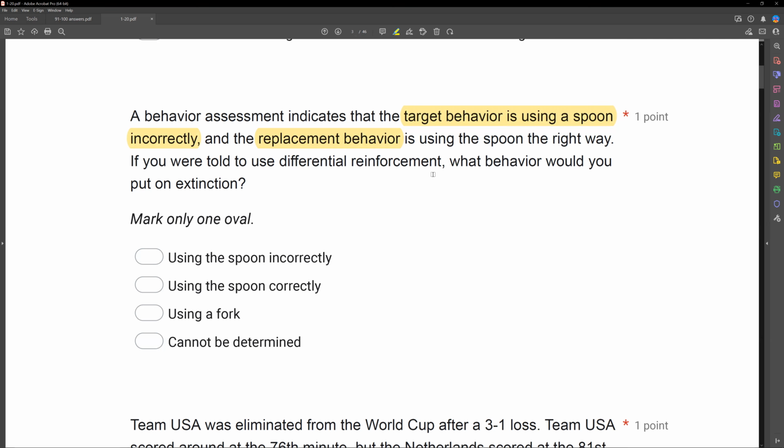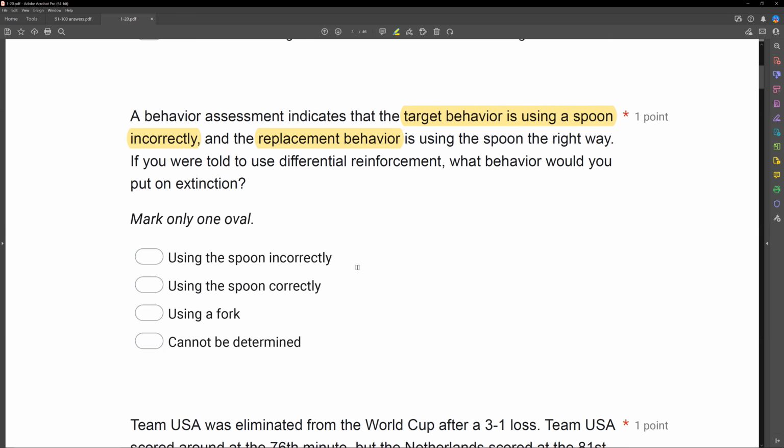What makes this a little tricky is we don't ever use the word decrease. But you have to use your context clues and figure out, if our target behavior is using the spoon incorrectly, and we have a replacement behavior, then what behavior are we going to want to reduce? Well, of course, the target, because we're replacing the target behavior with the other behavior, which is using the spoon the right way.